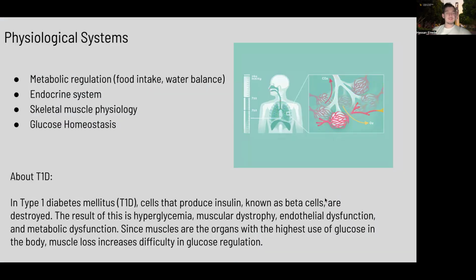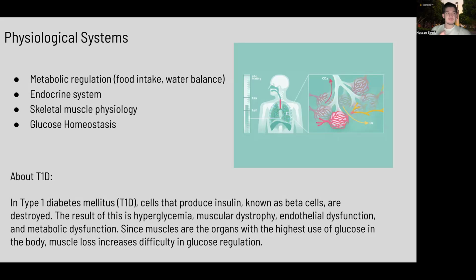So, a little bit of background on the physiological systems: metabolic regulation, food intake, water balance, endocrine system, skeletal muscle physiology, and glucose homeostasis. Type 1 diabetes occurs when insulin producing beta cells are destroyed, which leads to high blood sugar, muscle loss, and metabolic imbalance.